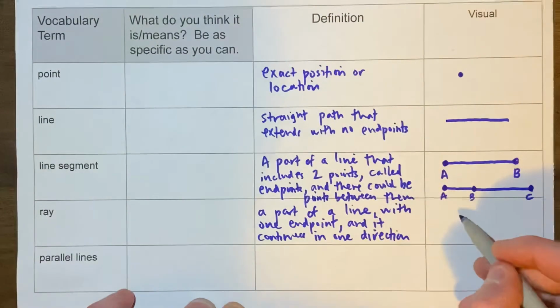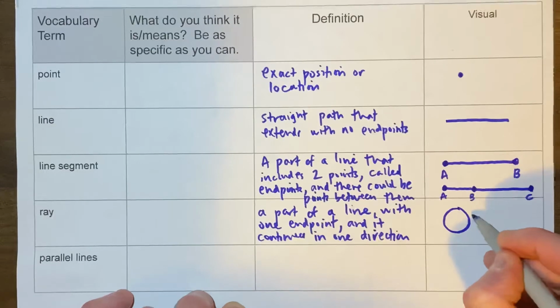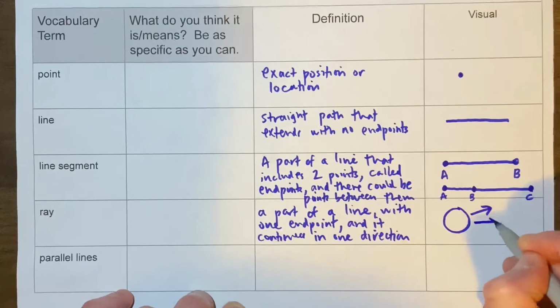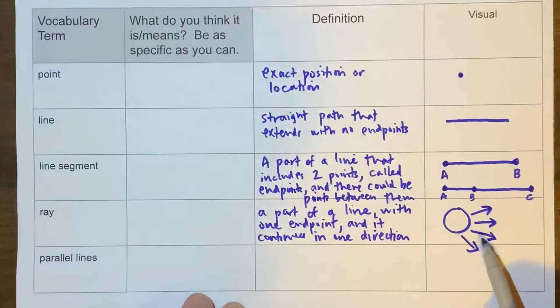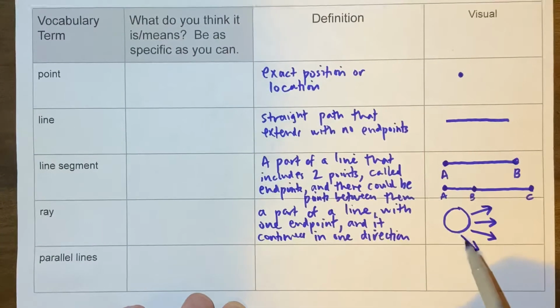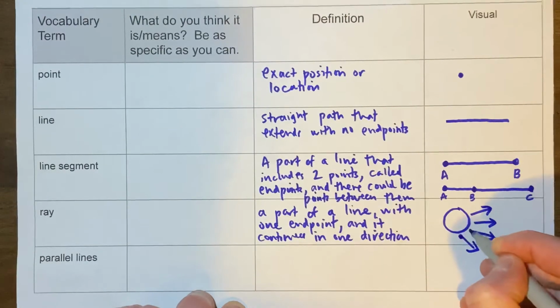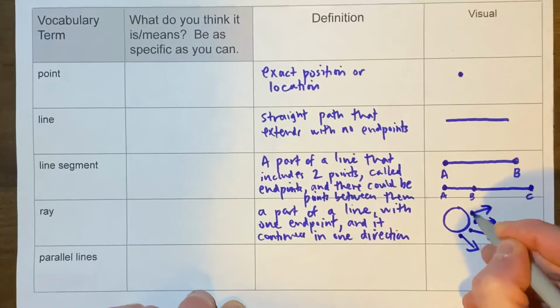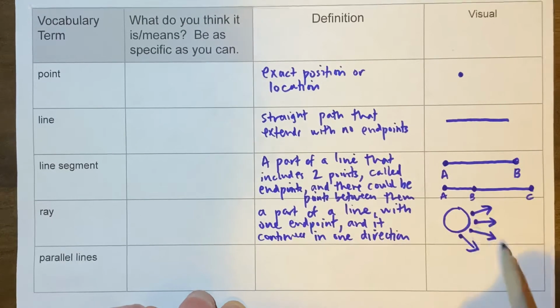If we think of the sun, my visual, how I remember it, here's my sun. We have all of these little lines coming out. These are what are called our rays. It's a part of a line with one endpoint. So here's my endpoint, and it continues in one direction.